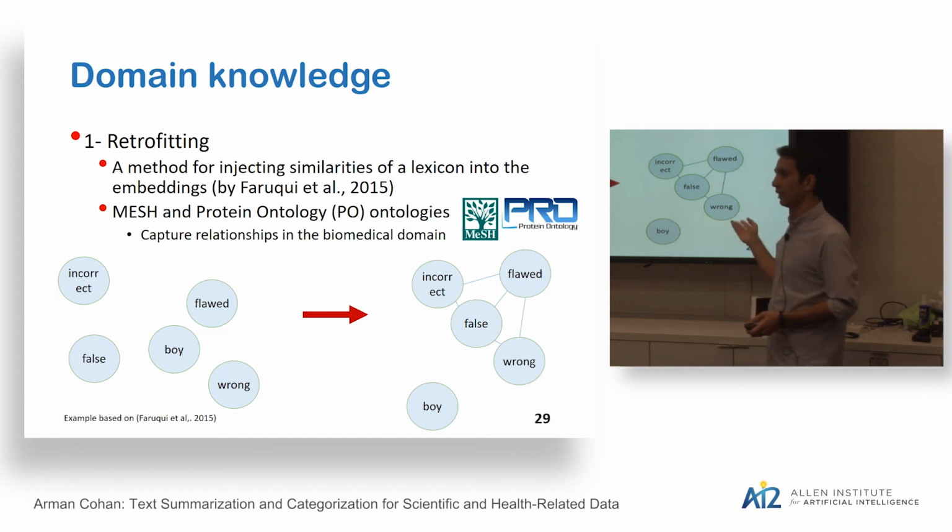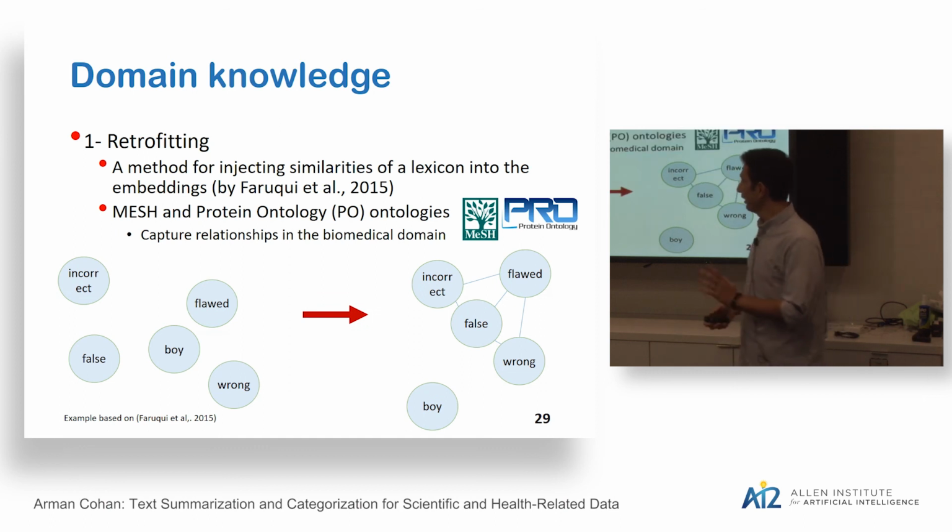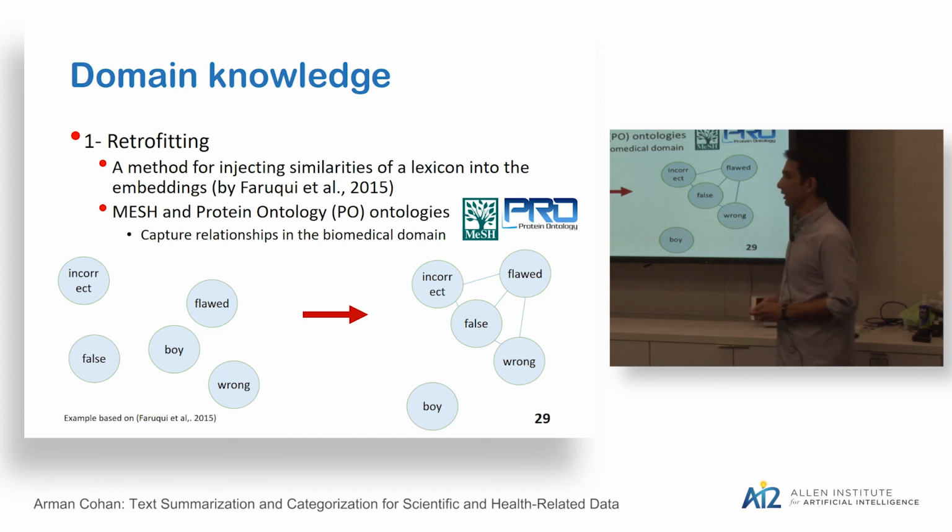They use the WordNet lexicon for this. We take their method and apply it on two other ontologies. The first is Medical Subject Headings, or MeSH, and the second is the protein ontology. We use these ontologies because our data set is in the biomedical domain, and it includes a lot of interactions between genes and proteins that these can capture.